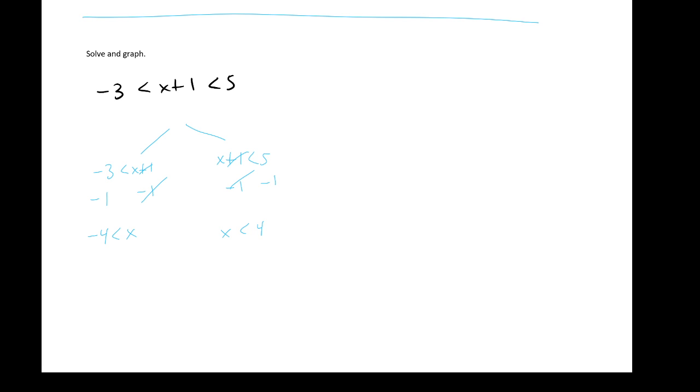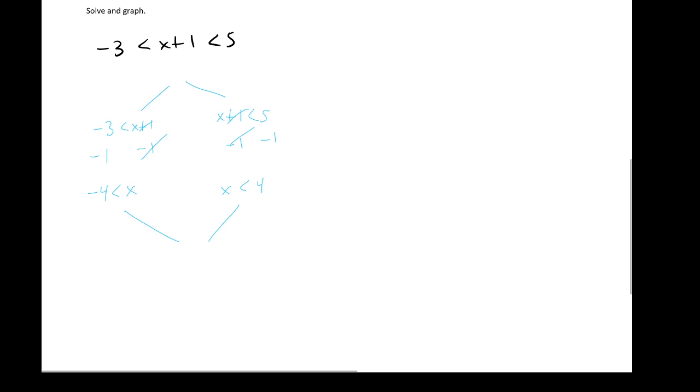Now look, I have an x here, and I have an x here, so we can smash those back together. We're going to rejoin this, where x is in the middle: negative 4 less than x, and then x less than 4. So we have now our compound inequality written here. And then when we go to put this on our number line, because we're graphing, we have to put 0 on here.